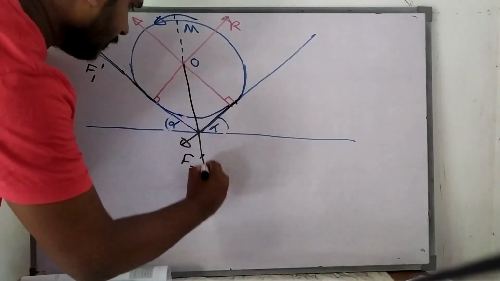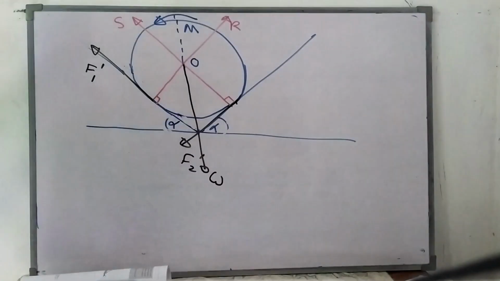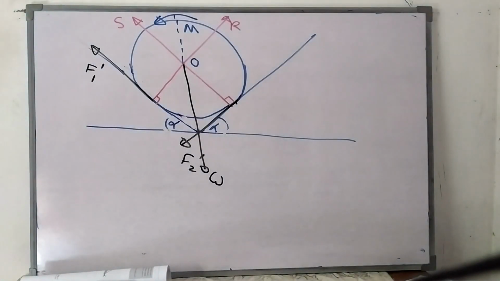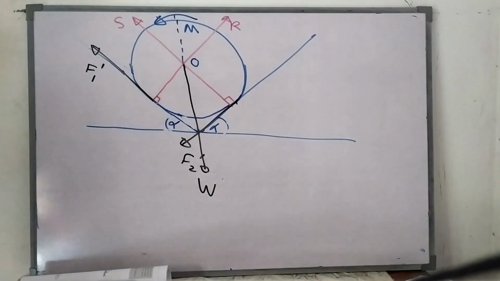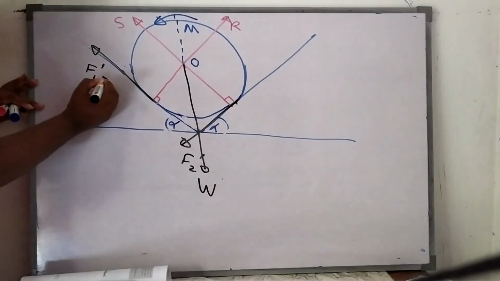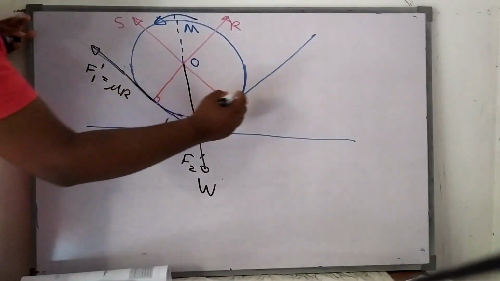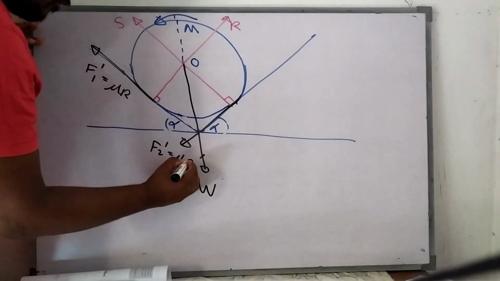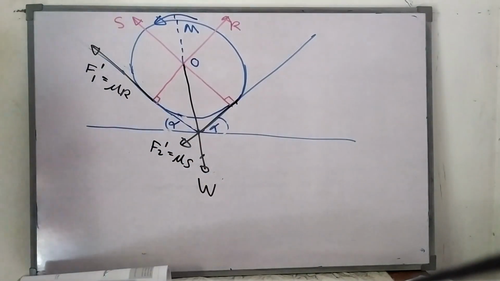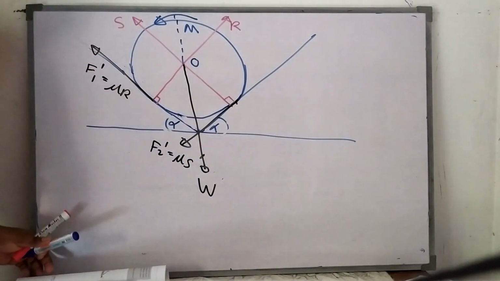This is the weight, right? So the weight is W. It's passing through the foot of the two inclined lines, the intersection point of the two inclined lines. These are mu R, and here we have mu S, F2 dash, mu S. So I hope to take the moment.